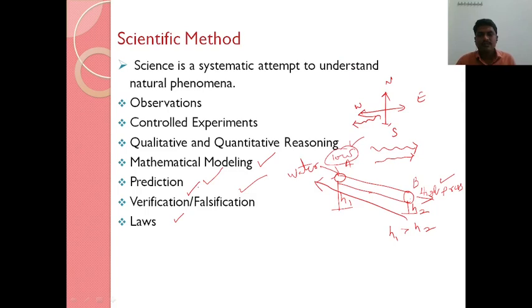For example, if someone, based on observations, said that water flows from higher level to lower level, from high pressure to low pressure, and it was not proved, then it becomes a hypothesis. When it is proved, it becomes a law. That is the difference between hypothesis and law.